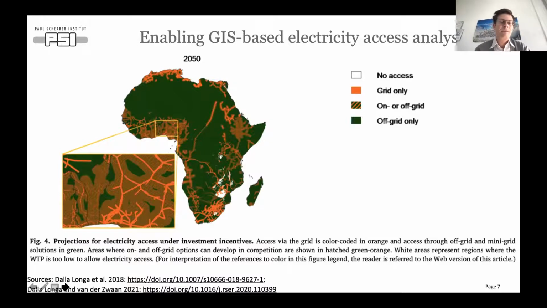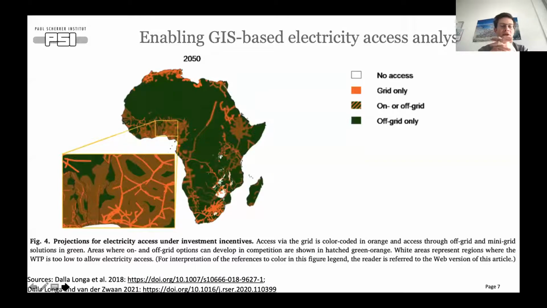And here they incorporated information from a geographical information system, which identified the costs of expanding the grid and the resources which are available to us in the vicinity of a certain settlement, or how the costs are for mini grids or for off-grid solutions. I have given you at the bottom here the respective links to the publication.